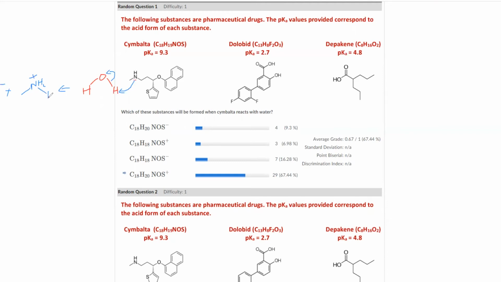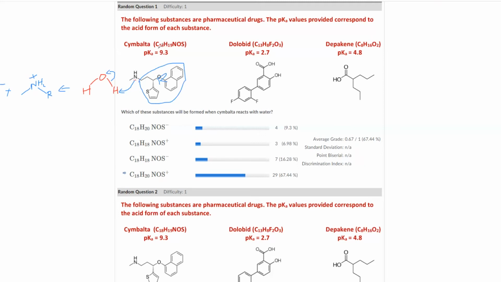I haven't drawn the rest of the molecule, so I'm going to call the rest of the molecule R. The only difference between the neutral molecule and the molecule after accepting the proton is that it's going to have 1 more proton than before.